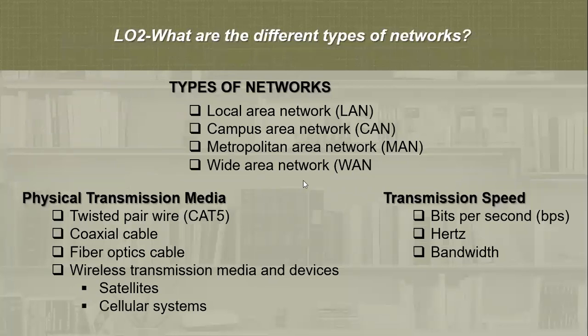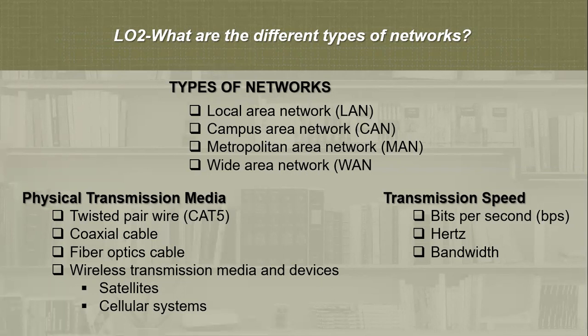The types of networks. Here, local area network, LAN, covers up to 500 meters. It's usually used in an office or a floor of a building.